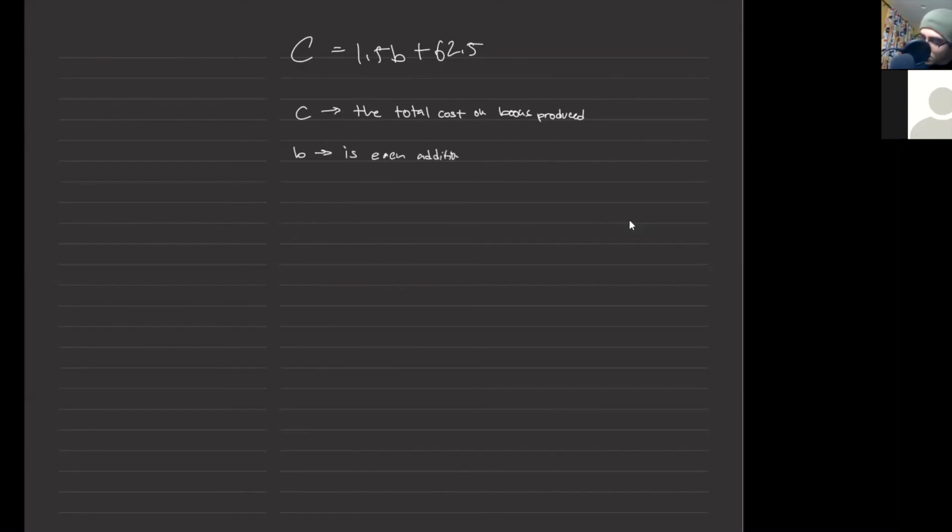I need to make an equation off the top of my head. Okay, so C is equal to 1.5b plus 62.5, where C is the total cost of books produced, and B is each book produced, right?